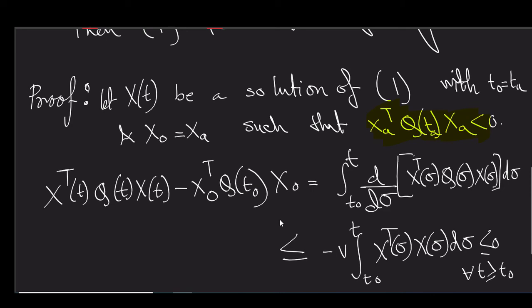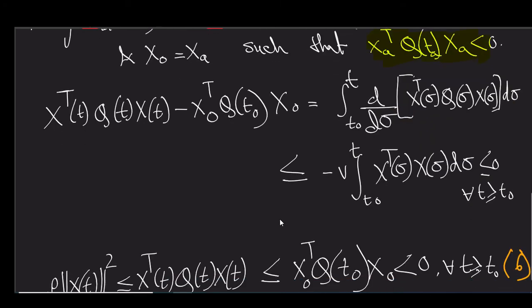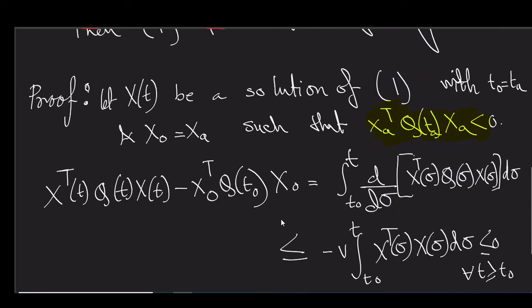So if this is less than 0, uniformly stable means what? Uniformly stable means it will be bounded, and that bound will be independent of your initial time. That is what uniform stability implies.